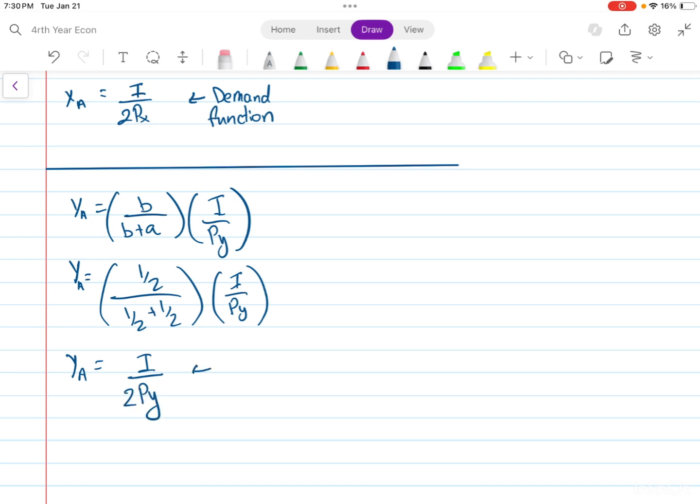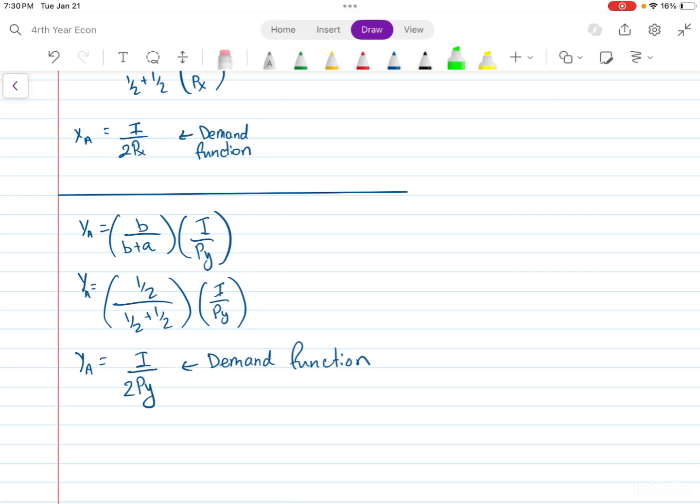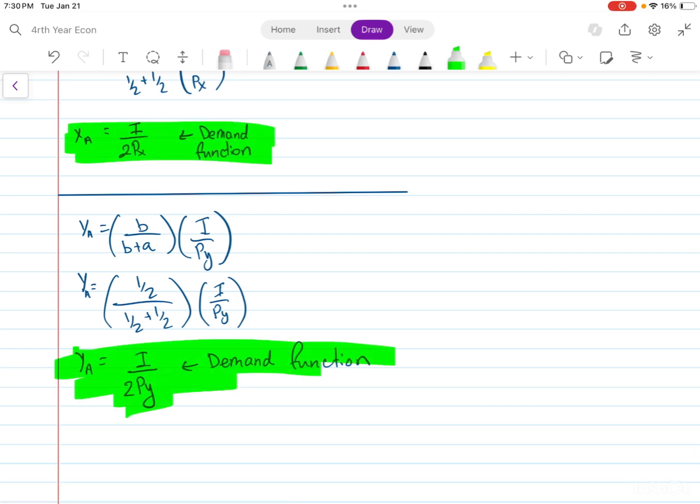So this is the second demand function we have for Alex. These are the very important terms that we're going to need for the future calculation.